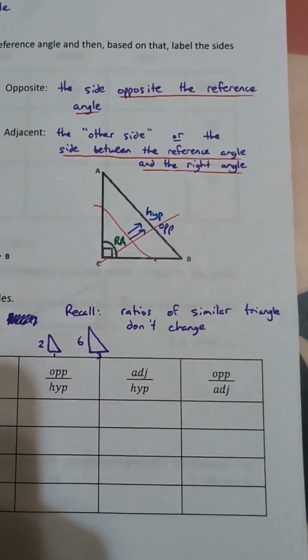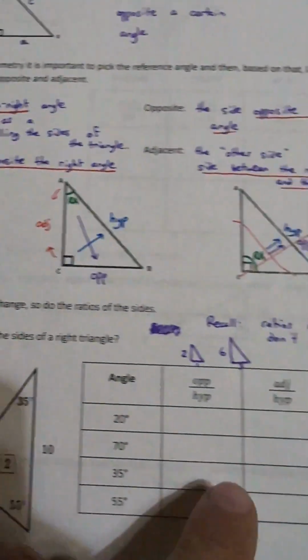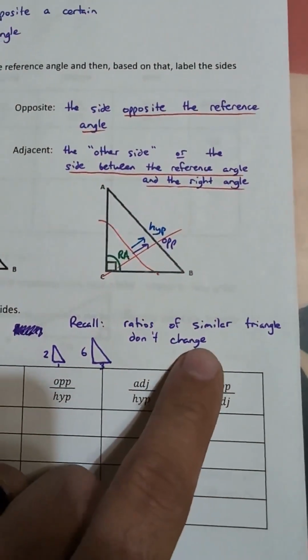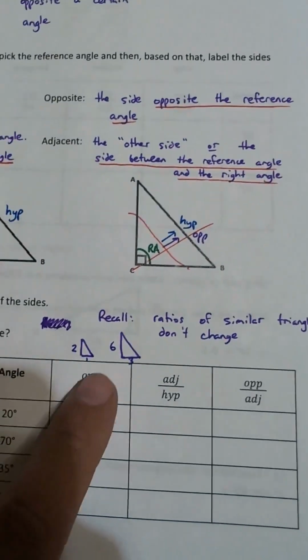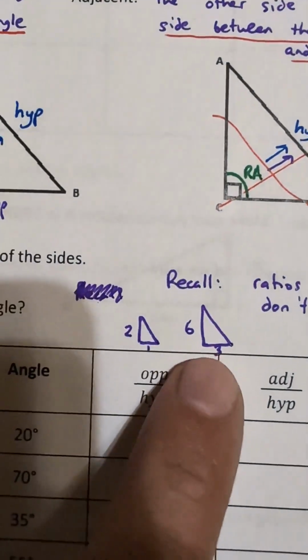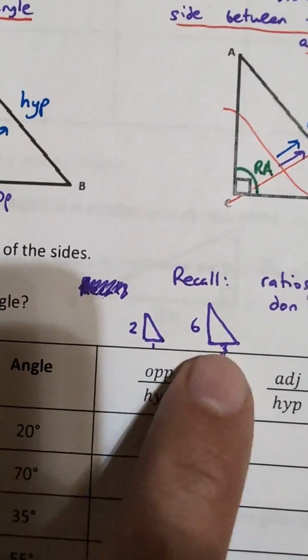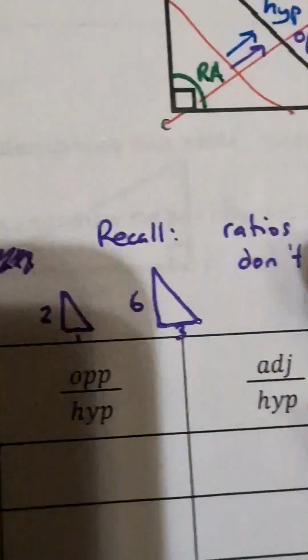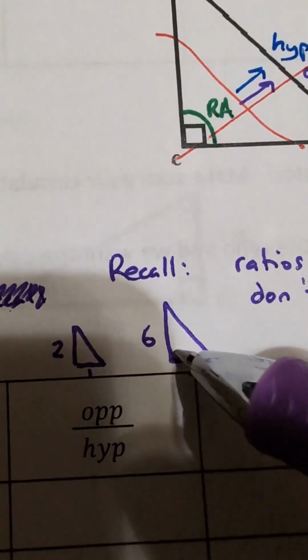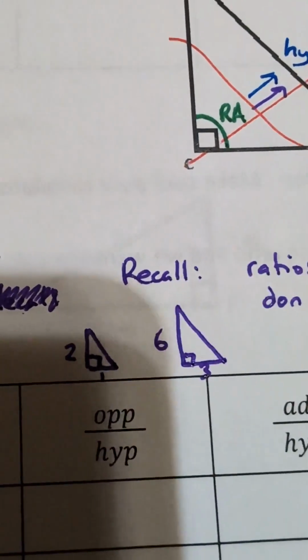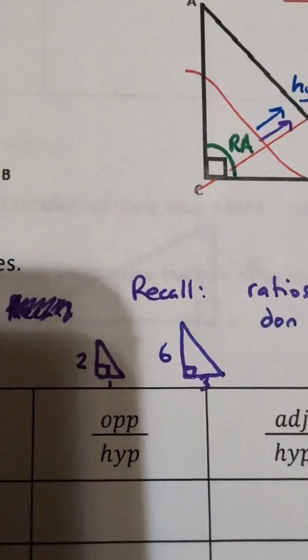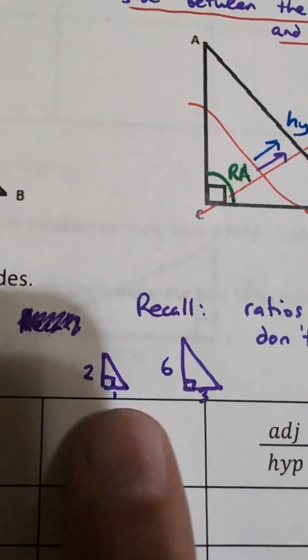And so where ratios of sides come in is we've talked a little bit about similar triangles and how the ratios don't change at all. So if you had two triangles that were the same, and excuse my drawing here, I'll give it a right angle at least, but I'm trying to make these similar, be the same shape.